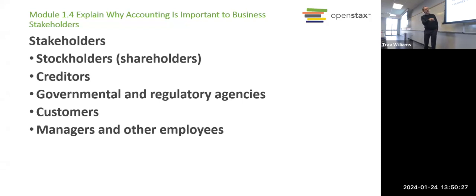So even employees might want to study the financial statements of their employers and understand what's going on. Whether they need to be looking for a new job or investing in the company, right? You can get a better idea of that if you know how to read the financial statements.